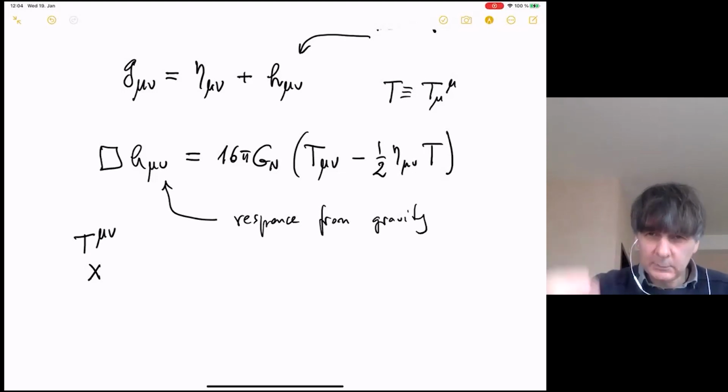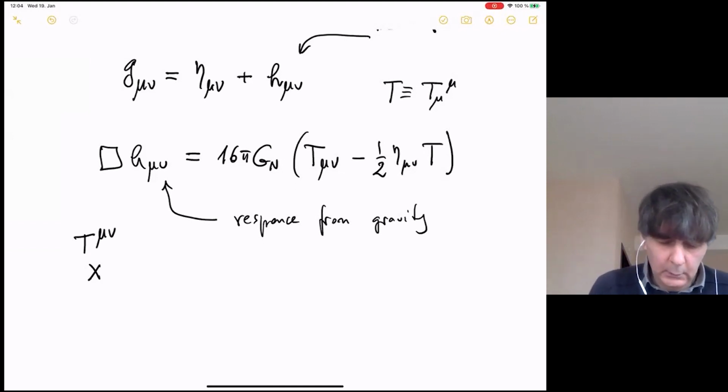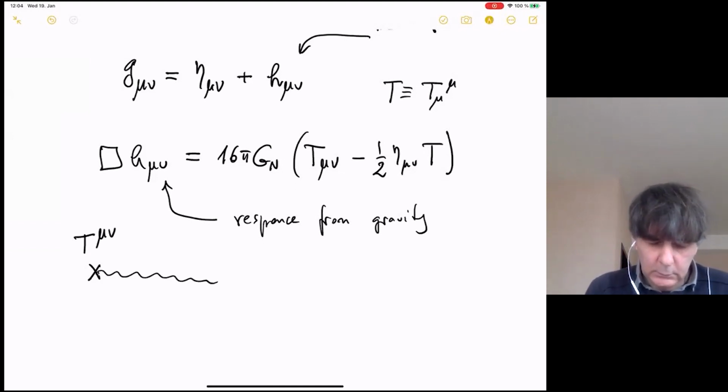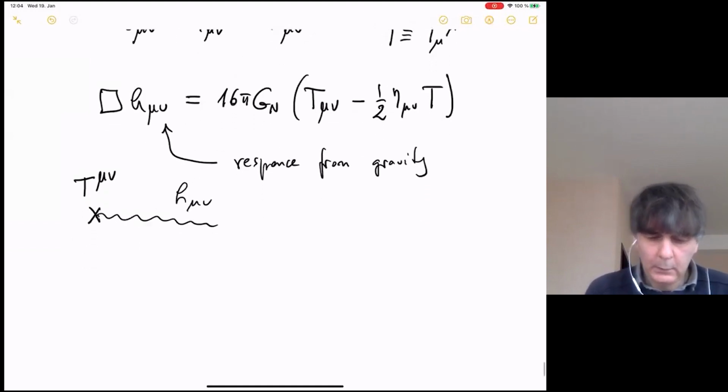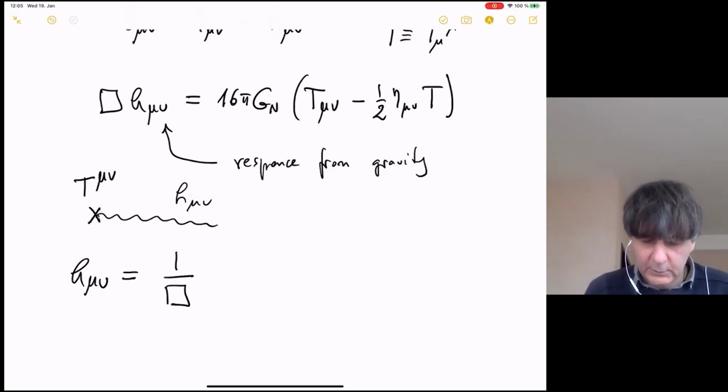So gravity responds by producing a non-trivial metric, non-trivial gravitational field. Schematically we can write it like this, and so the corresponding response is given by this expression.